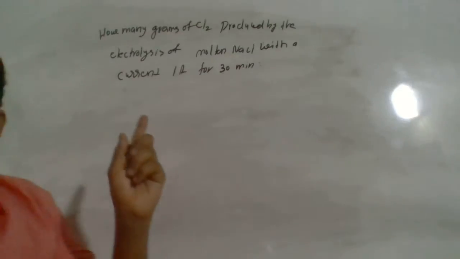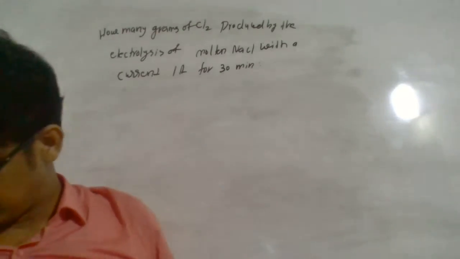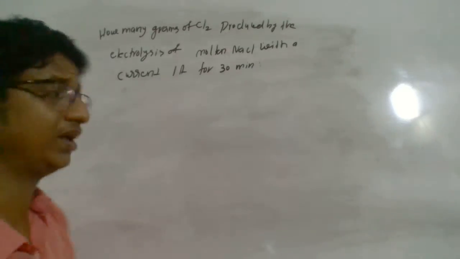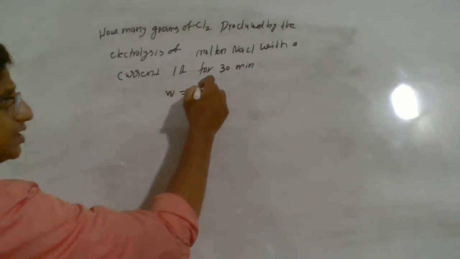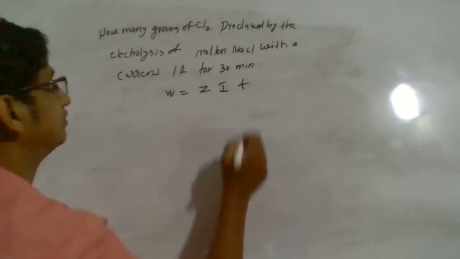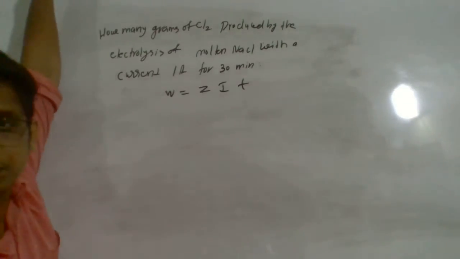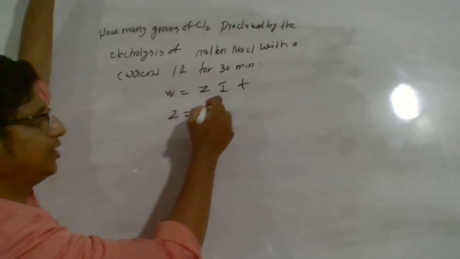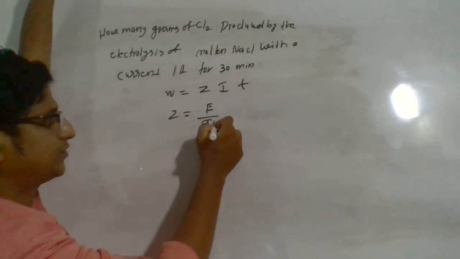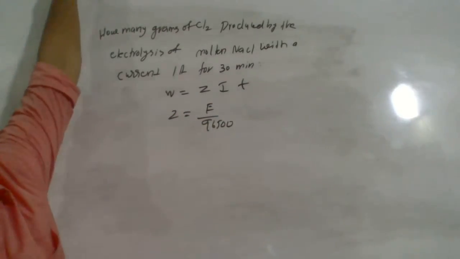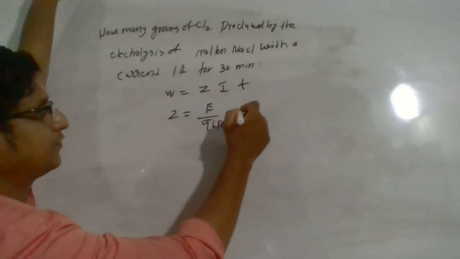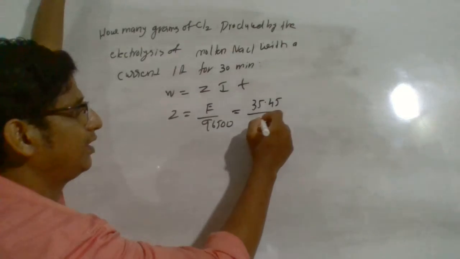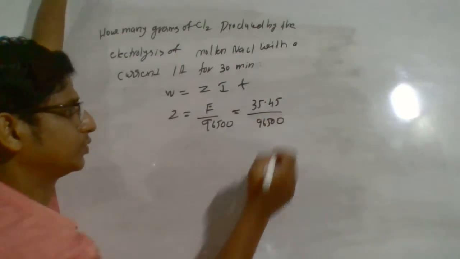So this is the same problem that we did previously without using Faraday's equation. Now let us do the same problem with Faraday's equation. W is equal to ZIT. Now we can substitute Z is equal to E by 96500. We know the equivalent mass of chlorine is 35.45, divided by 96500 coulomb.